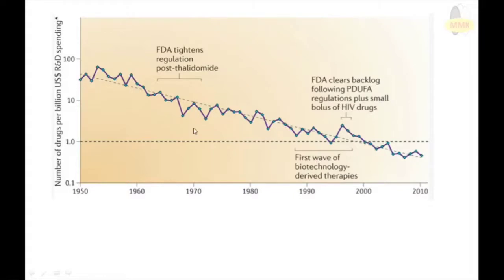But right now, if you spend $1 billion, you won't be able to see a drug in the market. It is so huge, it is so expensive. So that's the reason why one needs to be really careful in developing rational drug discovery tools.